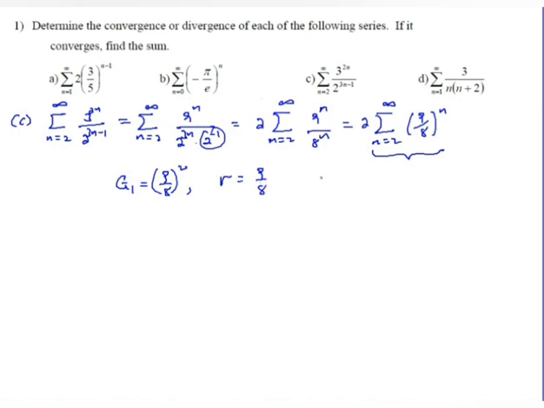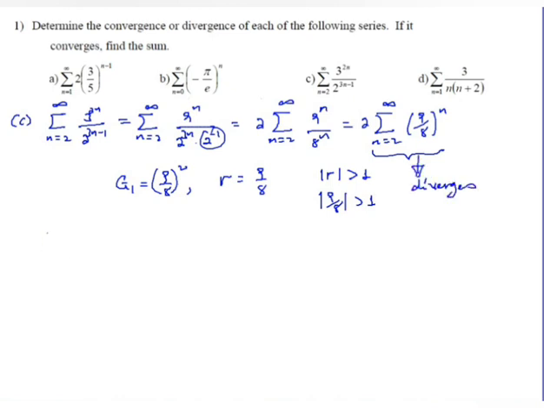You have to remember that for an infinite geometric series, if the absolute value of the common ratio is greater than 1, in this case the absolute value of 9 over 8, then the series diverges.